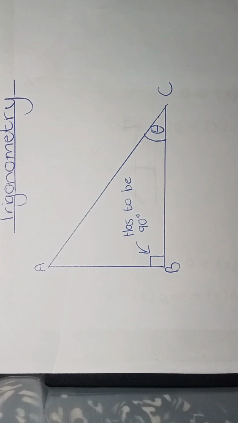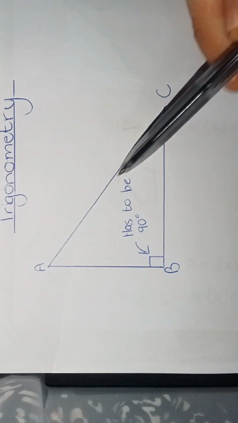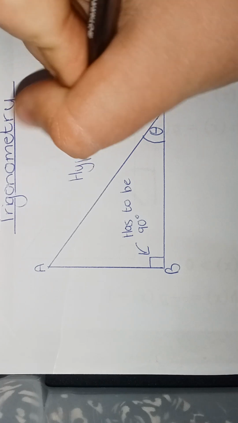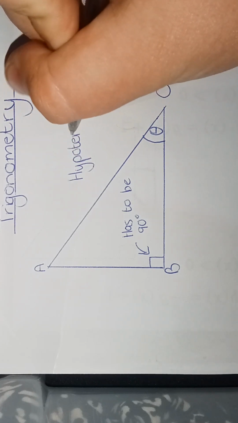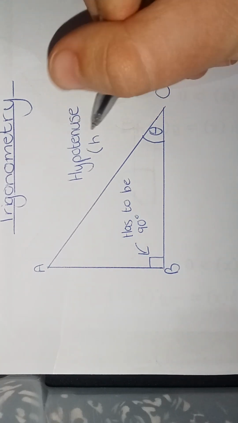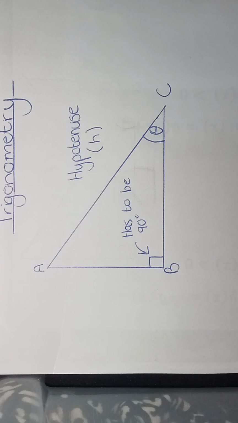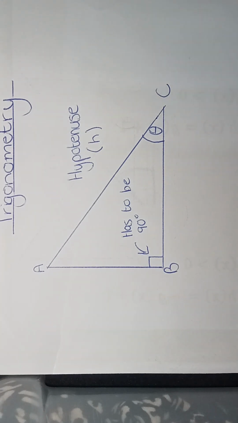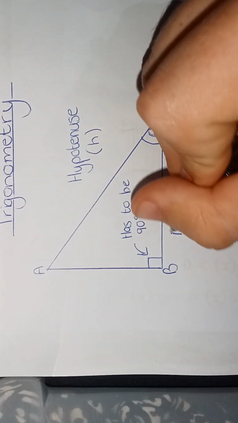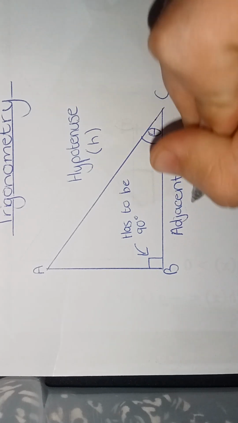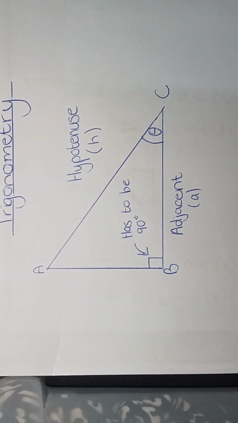So now let's quickly look at the sides. The longest side that they give us, we call the hypotenuse. It is most of the time represented by the small letter h. Then the bottom side of the triangle is the adjacent side, most of the time represented by the letter a.